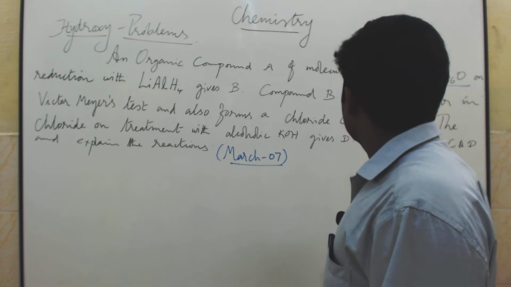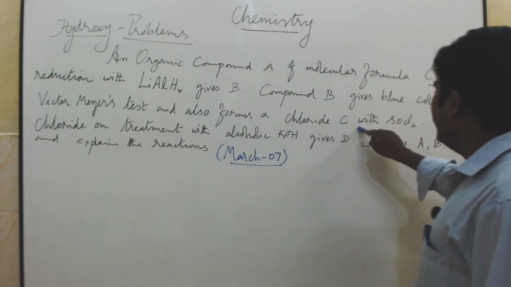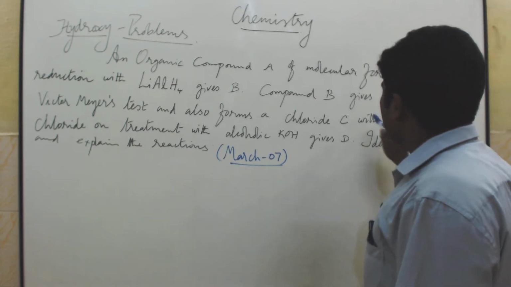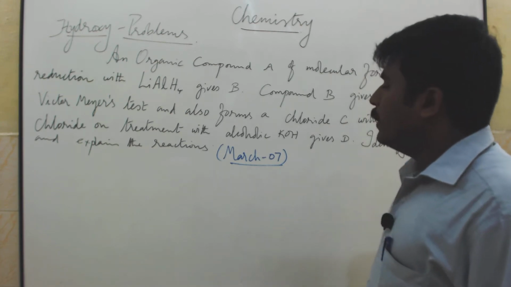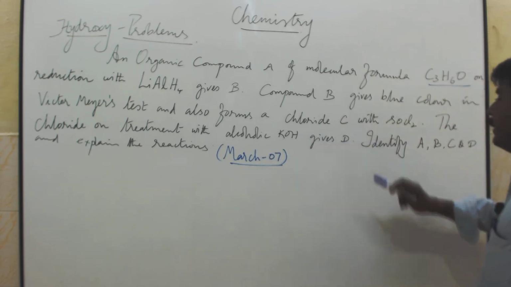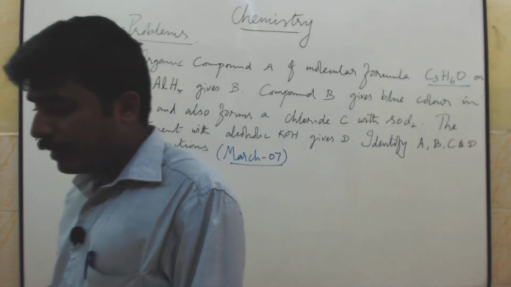Then it also forms a chloride C with SOCl2. Compound B reacts with SOCl2 to give compound C, a chloride. The chloride on treatment with alcoholic KOH gives D. Identify A, B, C, D and explain the reactions.